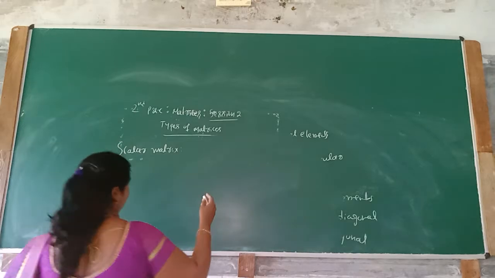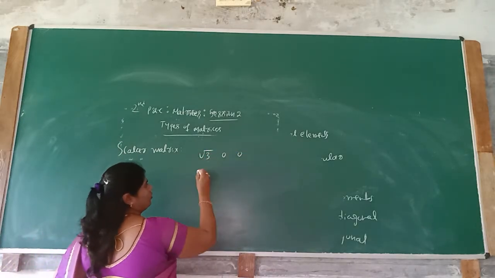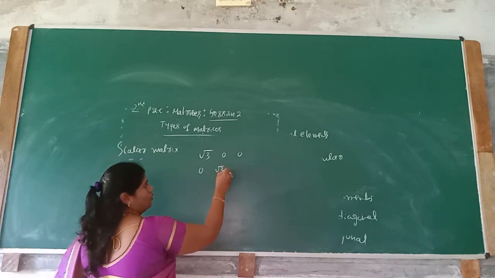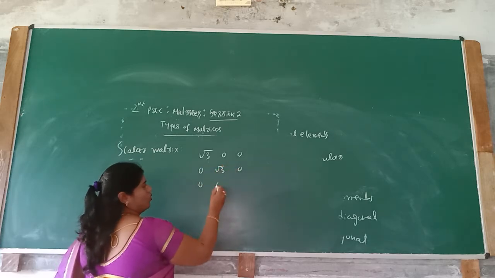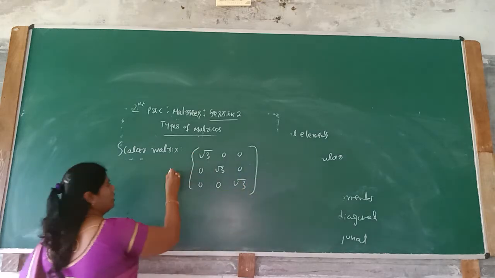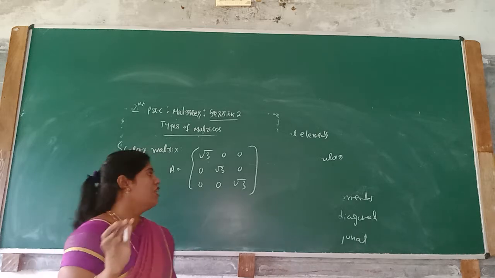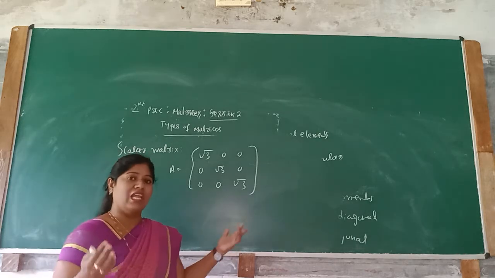For example, root 3, 0, 0, 0, root 3, 0, 0, 0, root 3. This one is a scalar matrix. What are the diagonal elements here?